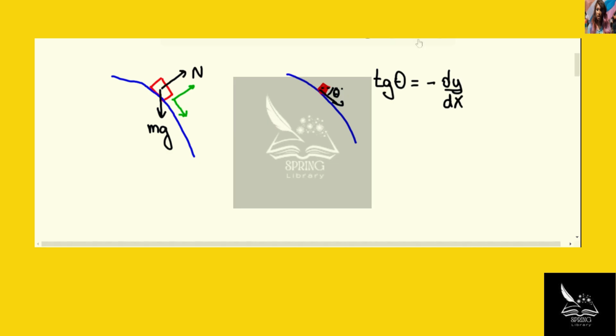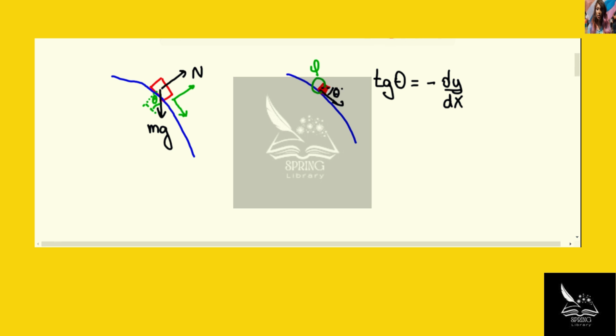And the minus is here because actually the derivative of y with respect to x is equal to the tangent of this angle, the complementary angle, phi, and in order to find the tangent of theta, we need the minus sign. So this angle here is theta.